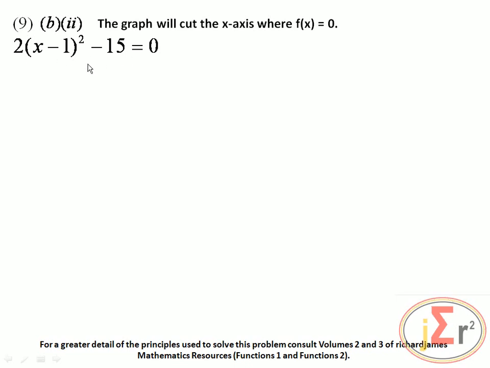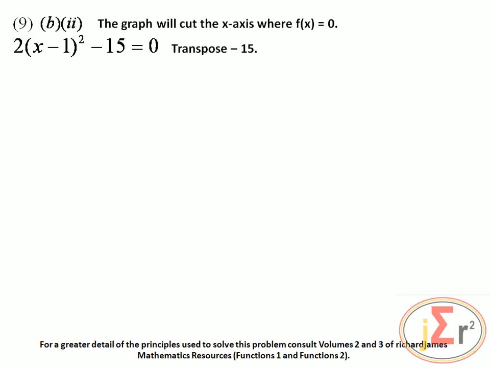So we are going to use the completed square, which is of course the same expression that we had before. We are going to equate that to 0, and by solving that equation we will arrive at the 2 x-intercepts, the values of x at which the graph cuts the x-axis.